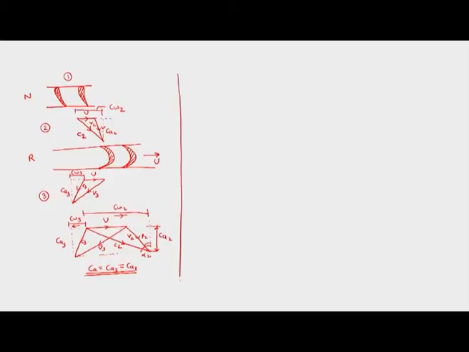So having said this, let us consider what is u from the inlet velocity triangle. From the inlet velocity triangle, u is equal to CA into tan alpha 2 minus CA into tan of beta 2.